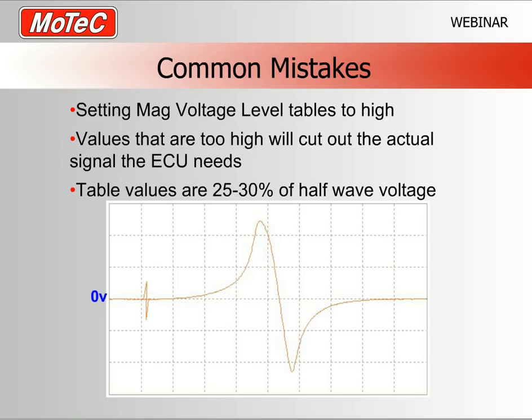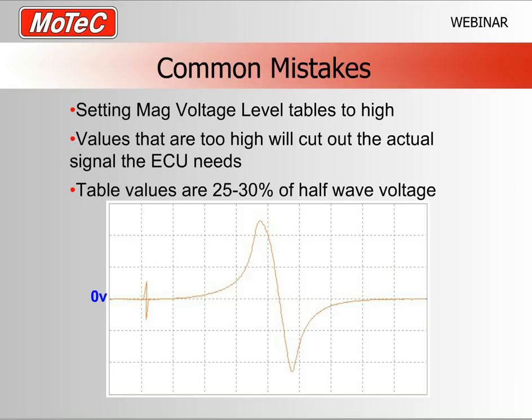If it's 3 volts, the magnetic level table should be 25 to 30% of that, so 1 volt. If you set that at, say, 3.2 volts, all the ECU is going to do is completely filter out that entire signal. So your filter level is 25 to 30% of the positive voltage of that signal.